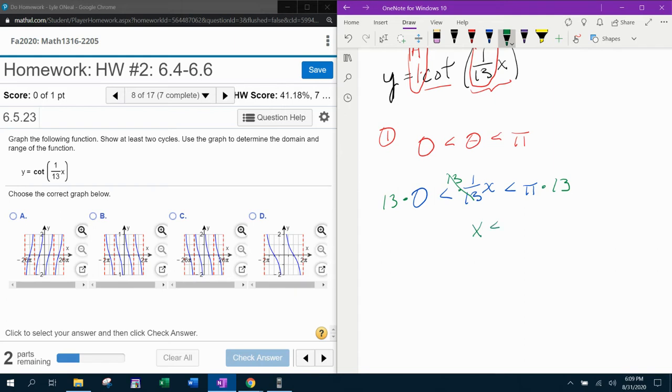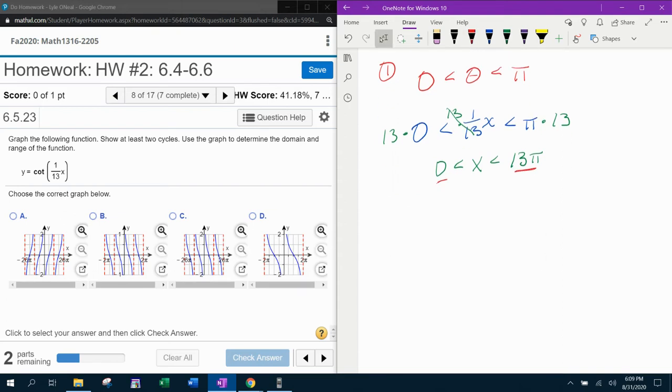And so this will be 13 pi, and 0 times anything is still 0. So this is where you're going to have consecutive asymptotes at 0, and then the next asymptote will be at 13 pi. Okay, that's step number 1.